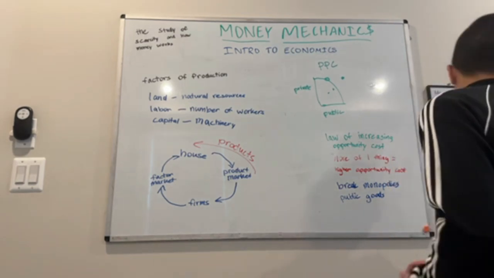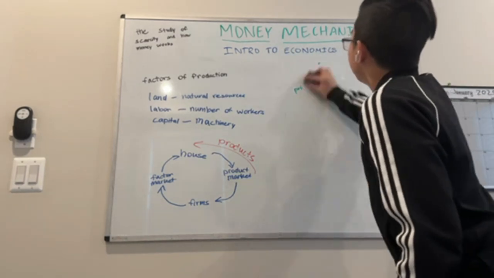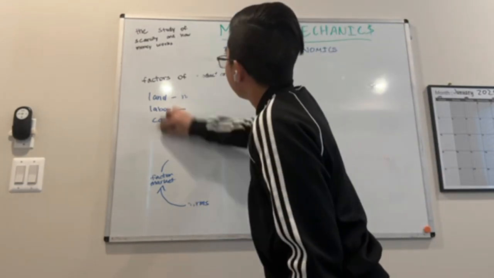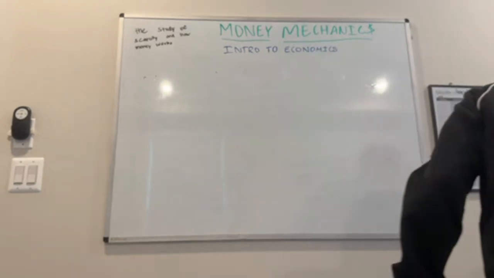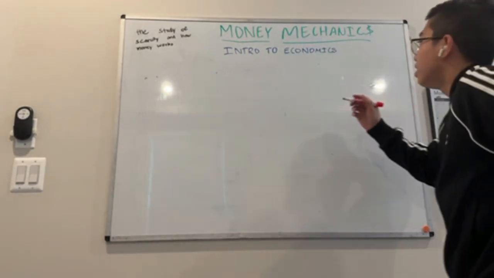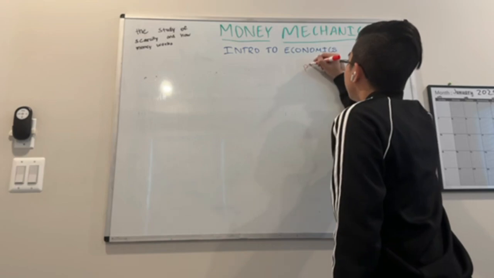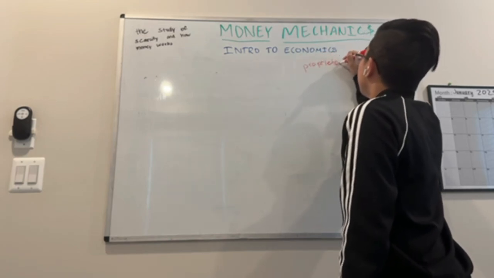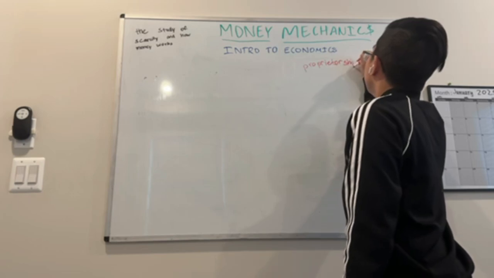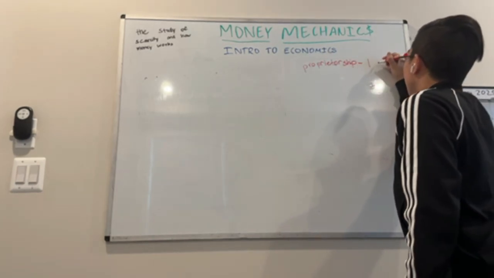And there are three types of businesses. The first one is proprietorship, meaning the whole business is owned by one person.